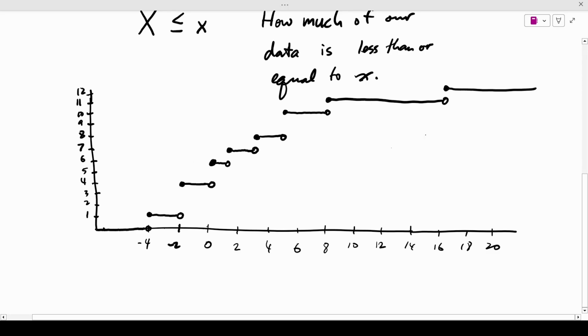So if somebody gives you a cumulative frequency, and they say, how much of the data X is less than or equal to 10? Well, you come to 10, you come up, and you come over, and it says 11. 11 of my data points are less than or equal to 10.